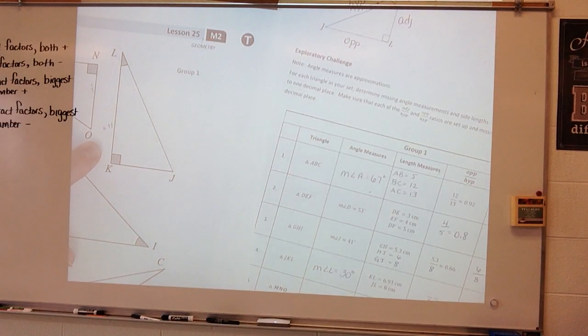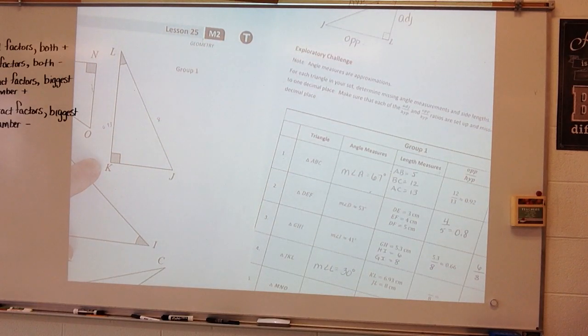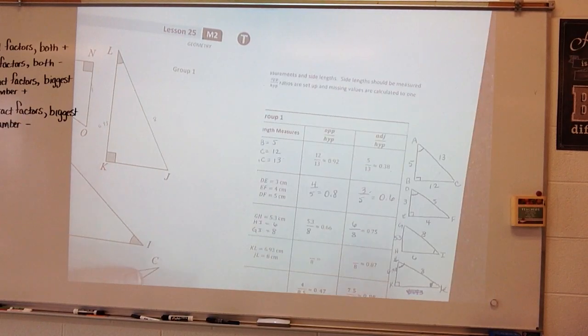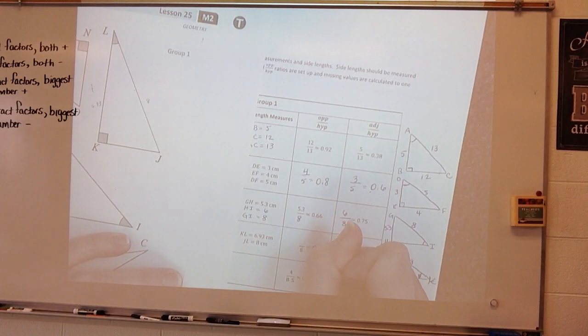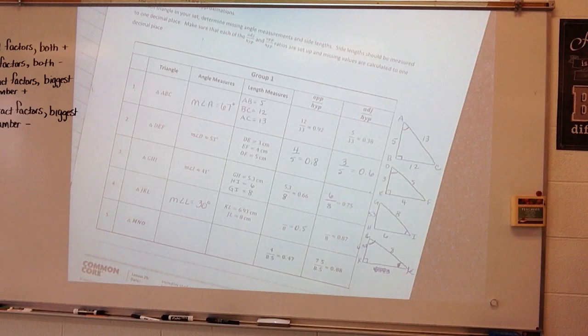I know that JL is 8. So it wants to know opposite over hypotenuse is equal to something. Really, I don't know that you can do this one without this, so I'm going to give you this part. That's why I was looking at it, because I think they forgot to put something in there.